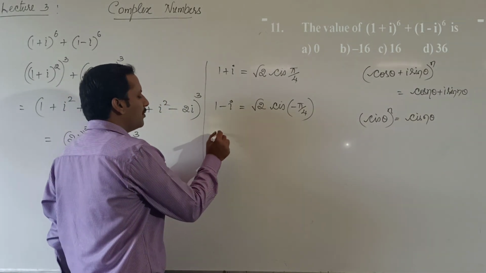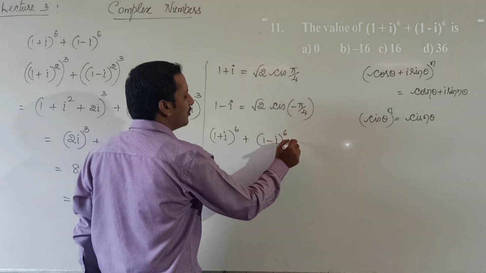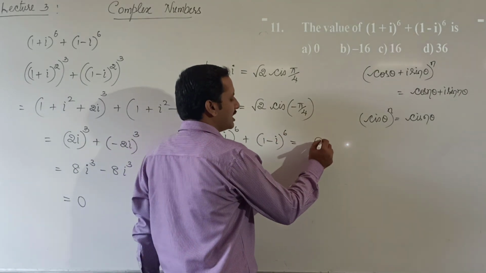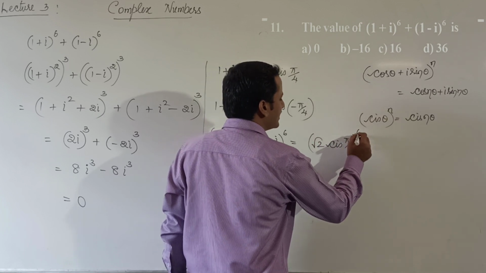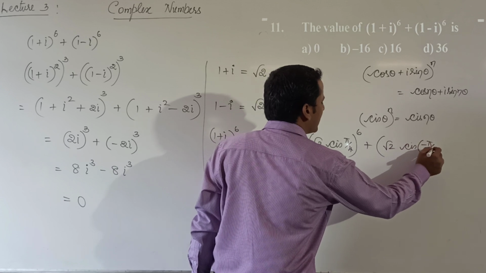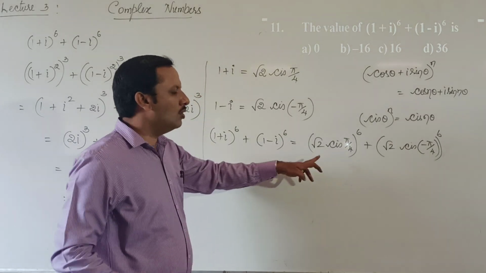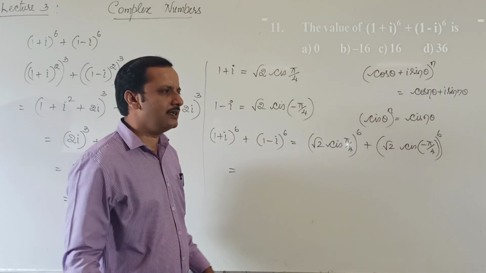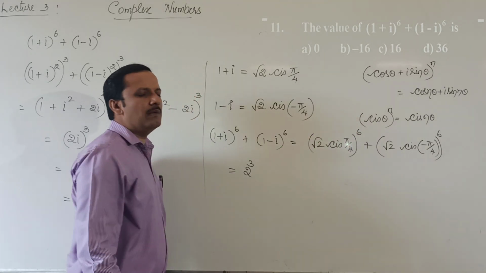Okay. Then what do we want? (1 + i)^6 + (1 - i)^6. So I can write this as (root 2 cis π/4)^6 plus (root 2 cis of minus π/4)^6. That's equal to (root 2)^6 can be written as 2^3. Then (cis π/4)^6.